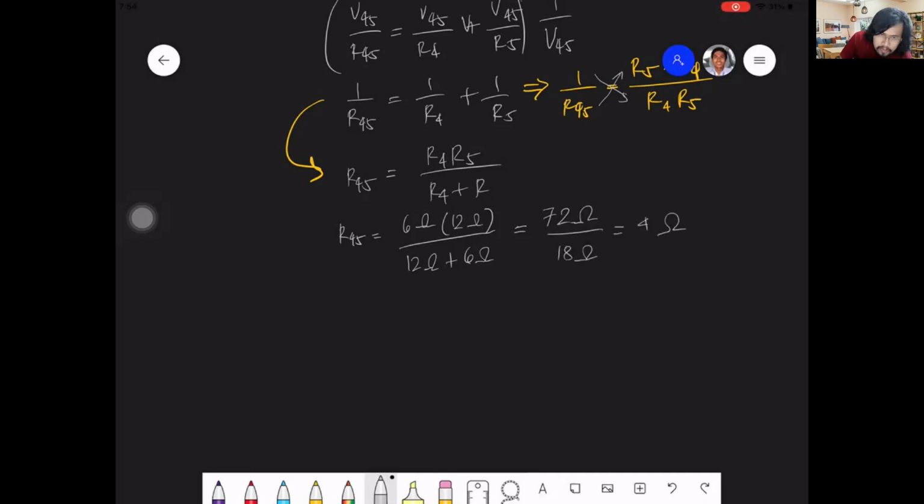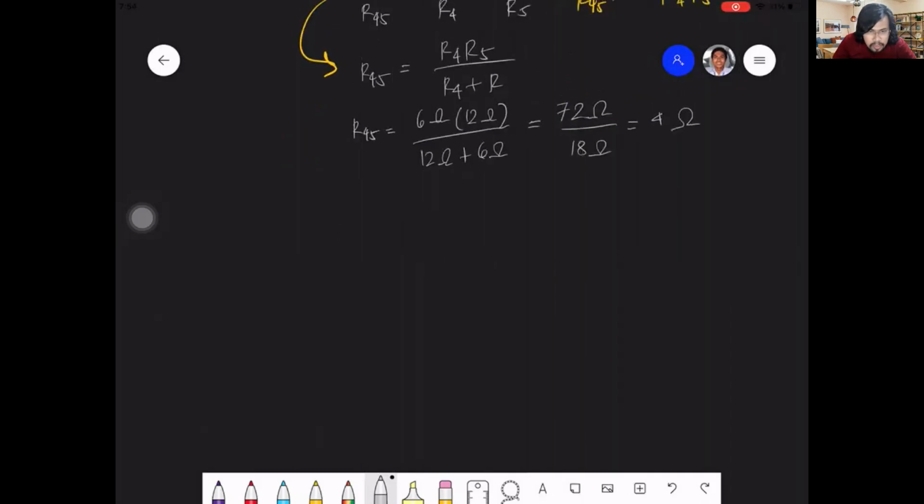Okay, so that's R45. Now we can add that simply to get R345. We get R3 plus R45, which is 2 ohms plus 4 ohms, and we get 6 ohms for our R345.